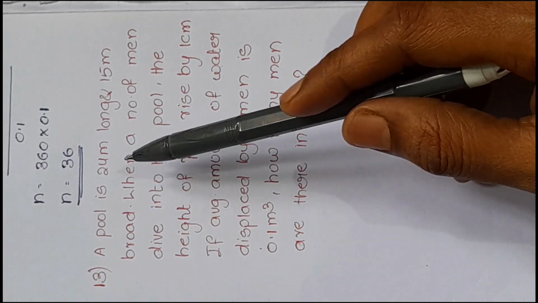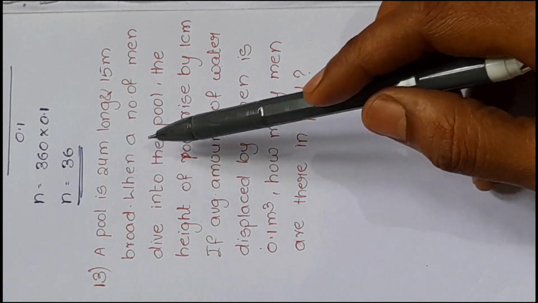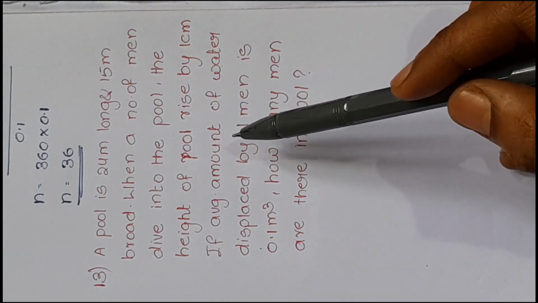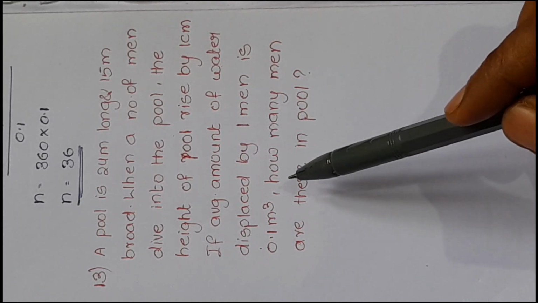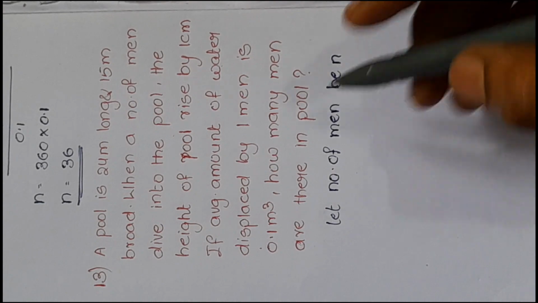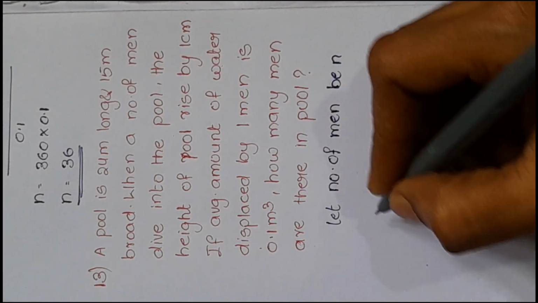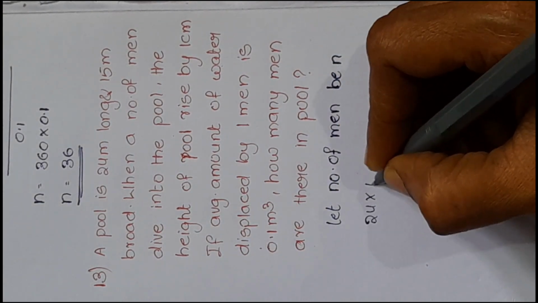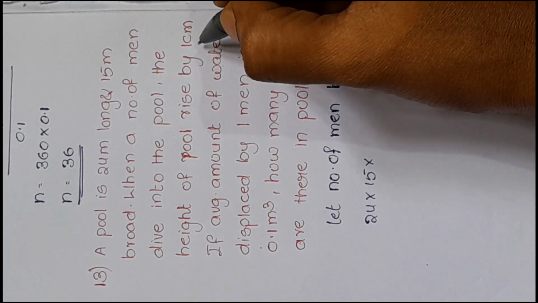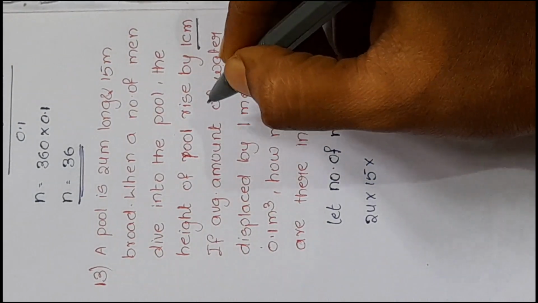13th question. A pool is 24 meters long and 15 meters broad. When a number of men dive into the pool, the height of the pool rises by 1 centimeter. If average amount of water displaced by one man is 0.1 meter cube, how many men are there in the pool? Let the number of men be n. Now the volume is equal to 24 into 15 into 1 centimeter is raised when the men are in the pool.